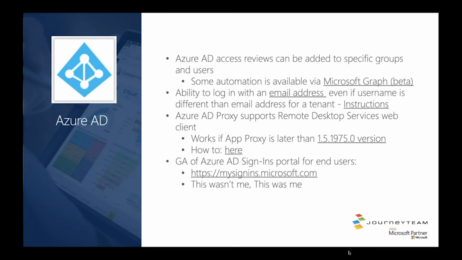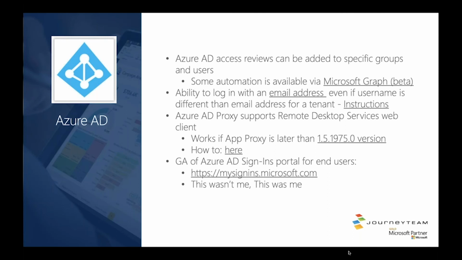Okay, so that allows us to authenticate to Azure with an email address that's different than their username without having to go change people's UPN or their username to match their email address. Okay, so that's a big deal. It's called alternate login, alternate ID login, and ADFS has had it for years, and it's now available for Azure AD native authentication. Pretty slick feature.